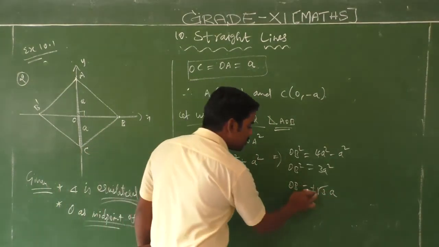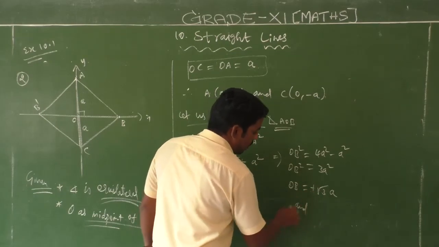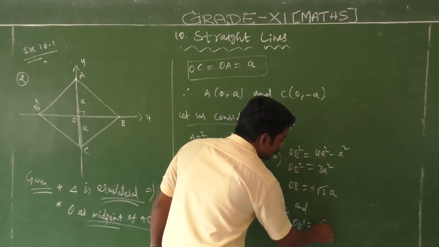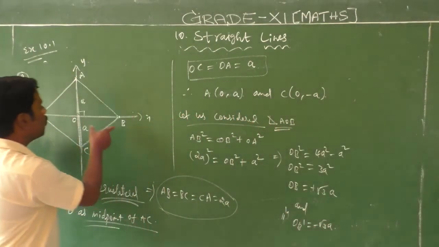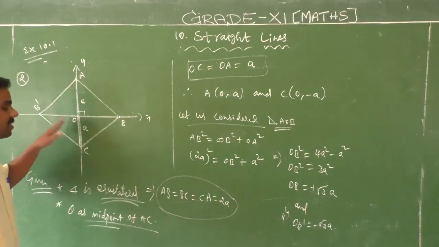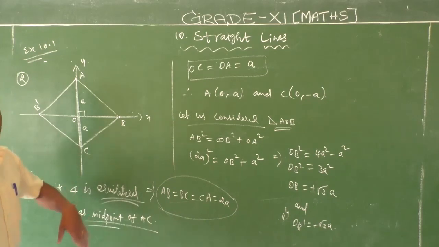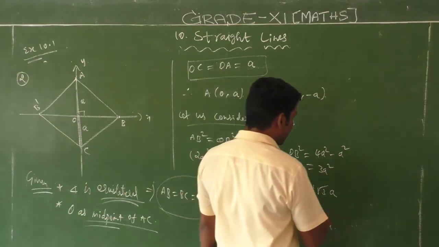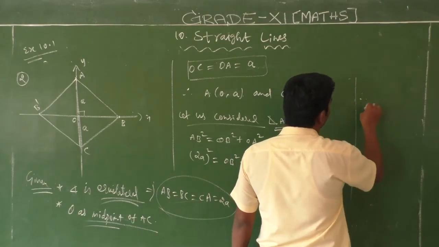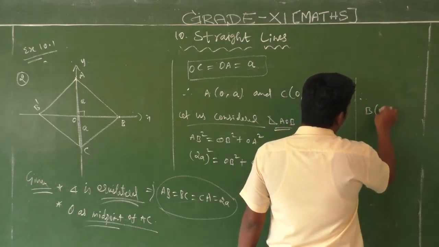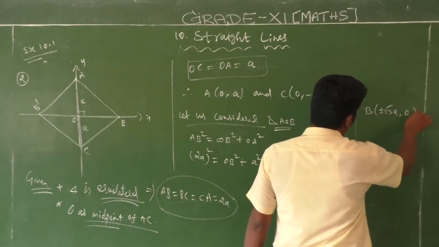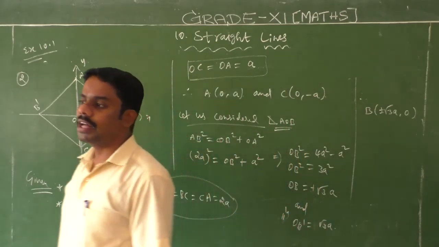OB is plus root 3A, and similarly OB' is minus root 3A, since it is to the left of the x-axis origin. So the vertices of B are plus or minus root 3A comma 0.